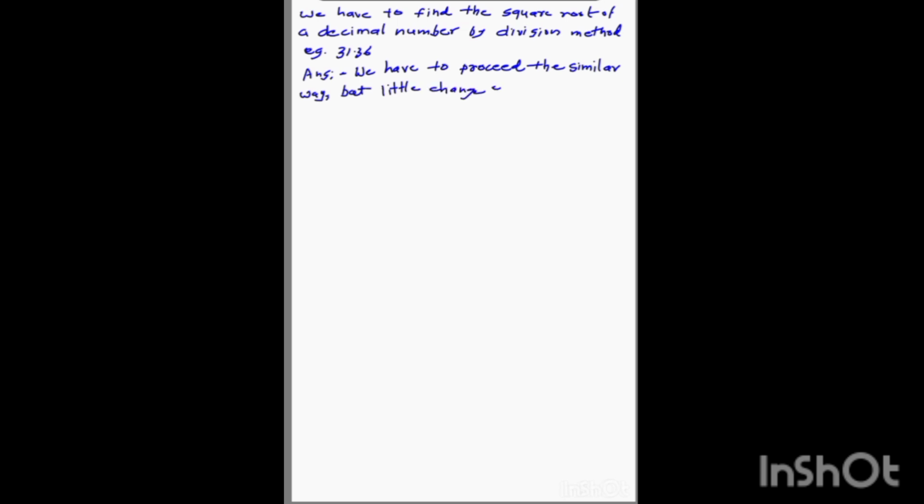Okay, so we read the problem here. We have to find the square root of a decimal number by the division method, and the number is 31.36. So the answer is, we have to proceed in a similar way but with a little change while putting the bars on top of the number pairs.